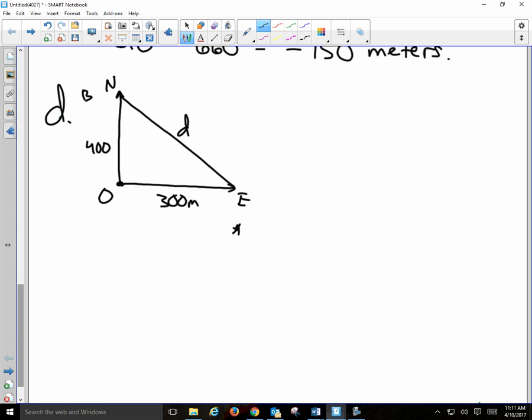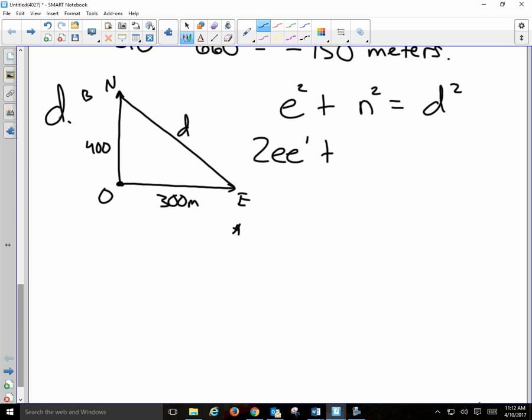Oh, the 300, 400 from the previous part. Yep. So part C tells us the 300. So I have e squared plus n squared is d squared. Everybody agreed? What's the derivative of e squared with respect to time? 2e, e prime. Remember this type of problem?